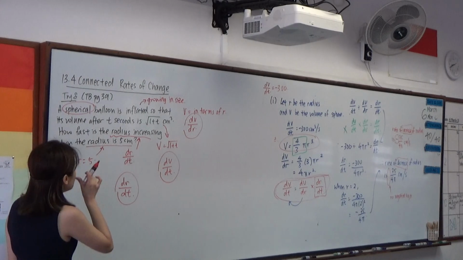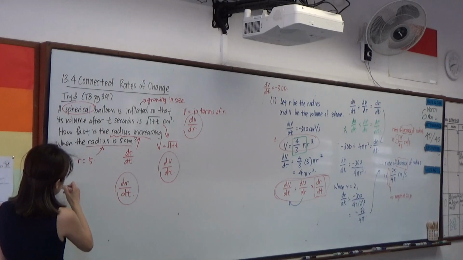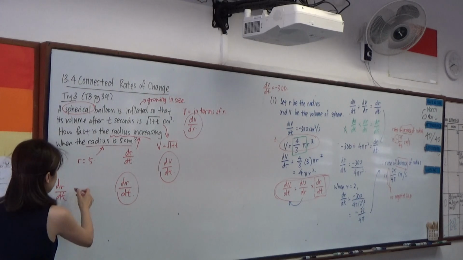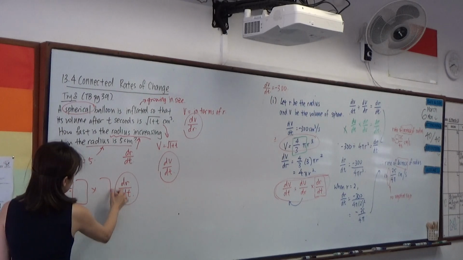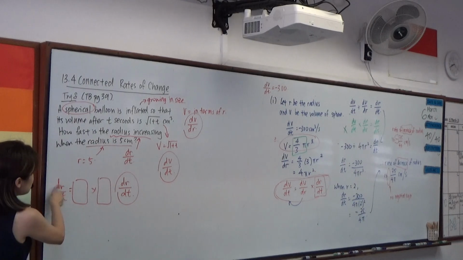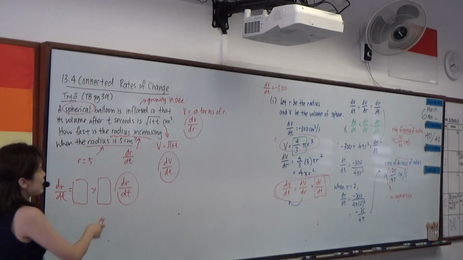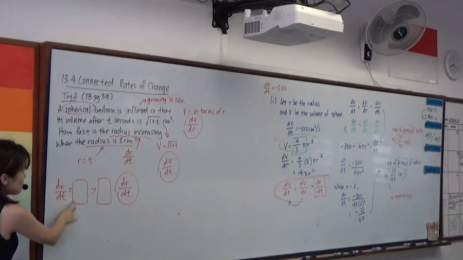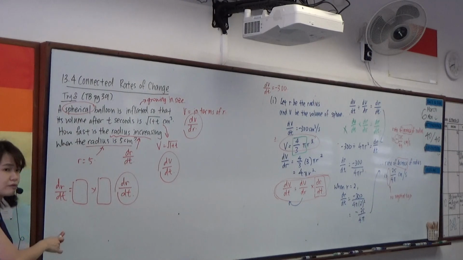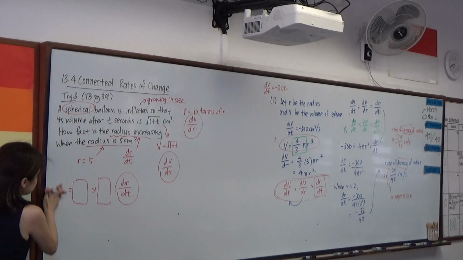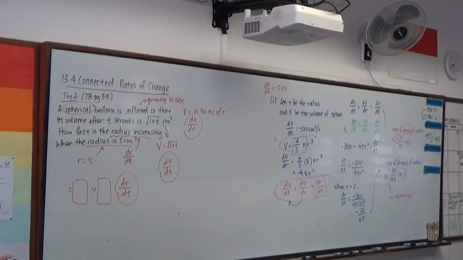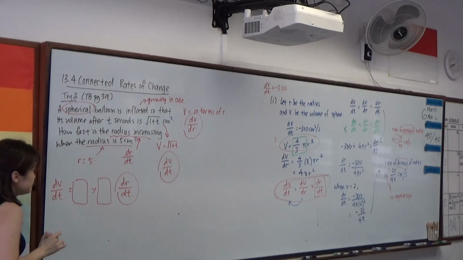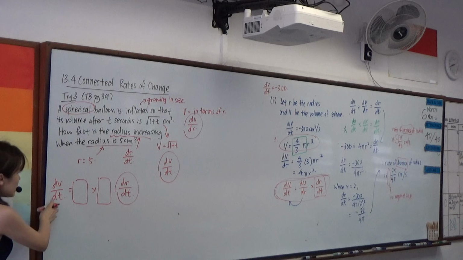If I want to find dr over dt, it is virtually impossible for me to have a product of two things, because my numerator must be a dr, but I don't have a numerator of dr in the first place. Therefore, it is not possible for my formula to start with dr over dt. So we need to change our plan. Therefore, we need to have dv over dt. We try that out.